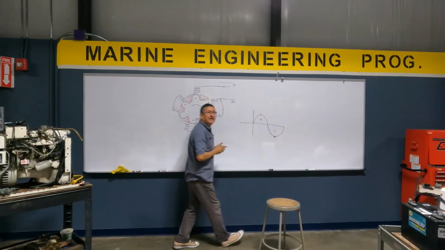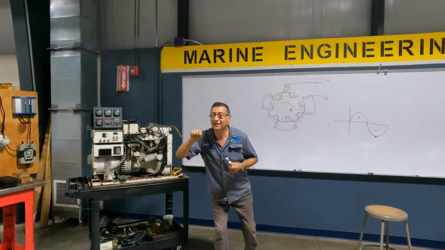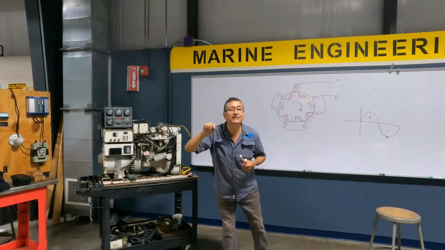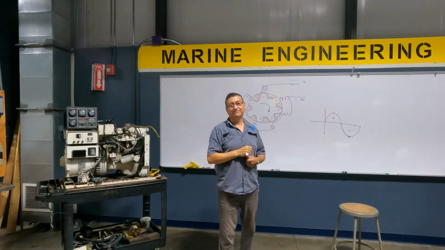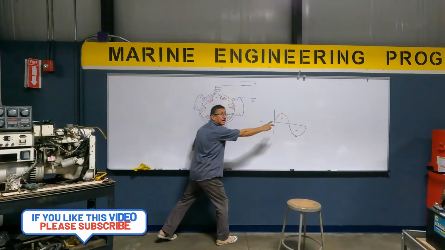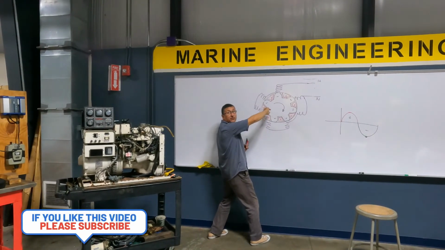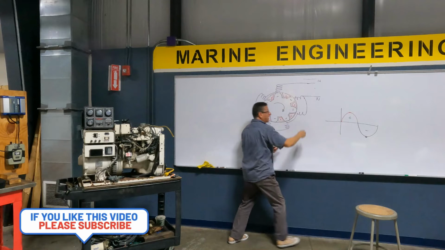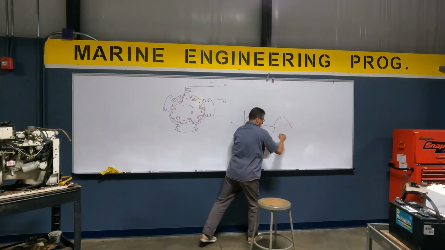Positive and negative. What is the name of that complete thing? The cycle. This is one cycle. When those two magnets pass in front of the coil, one cycle is produced. After that, the other two magnets, positive and negative, pass in front of the coil, and another cycle is produced.